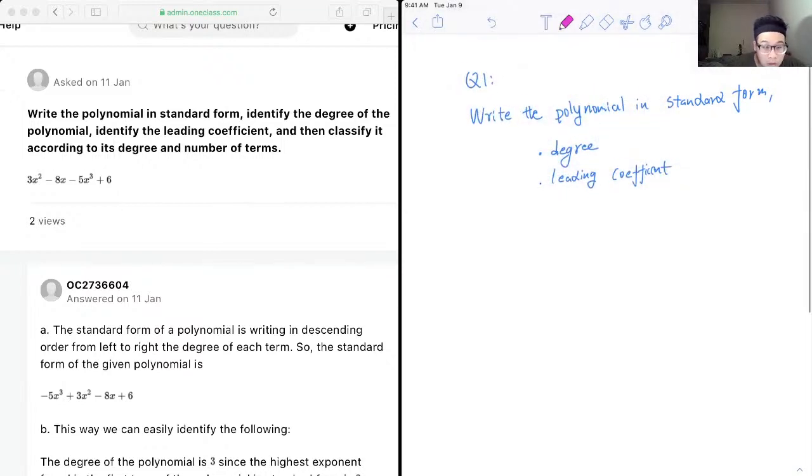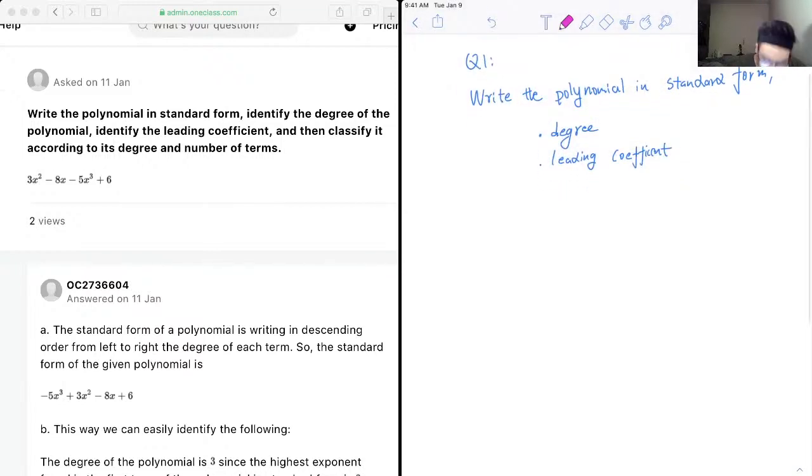So first let's recall what standard form is.